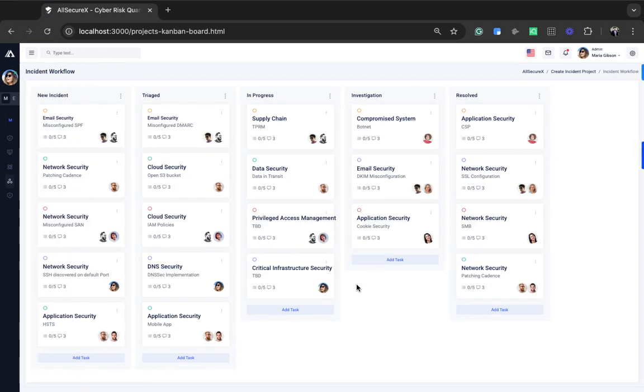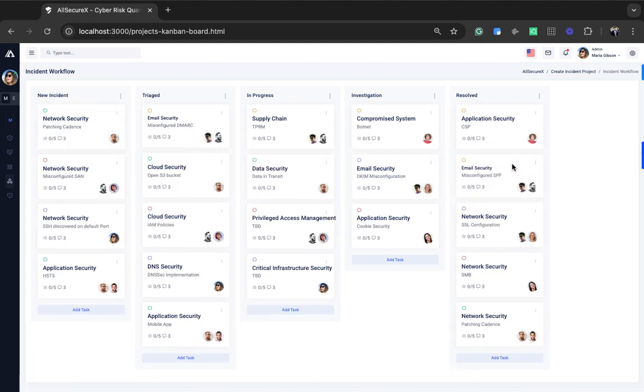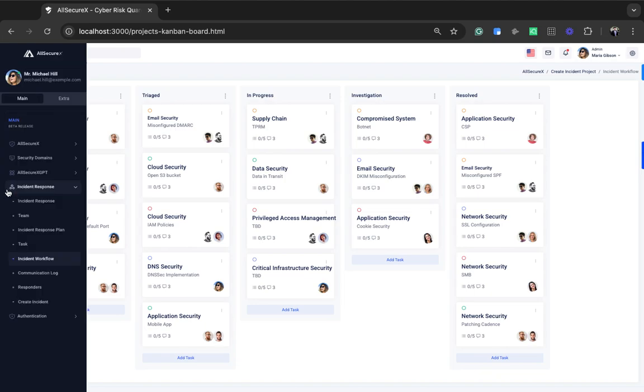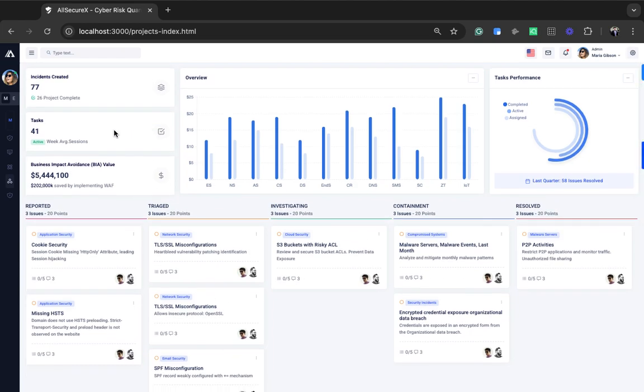You can invite your team members, and they can resolve the issue by simple drag and drop. For example, if email security is there, you can mark it as triaged, and once it is resolved, you can move it into the resolved section itself. Similarly, you can track your overall progress through the incident overview dashboard, which shows the number of incidents created, the number of tasks created, and the business impact avoidance value.